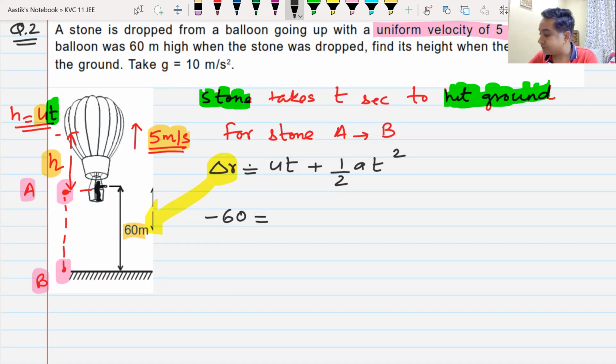Okay, is equal to. Do we know how much is U? Initial velocity of the stone. 5 meters. But the question says that it is dropped from the balloon. How are you saying it is 5 meters? Sir, 0, sir. So either it is 5 or it is 0.